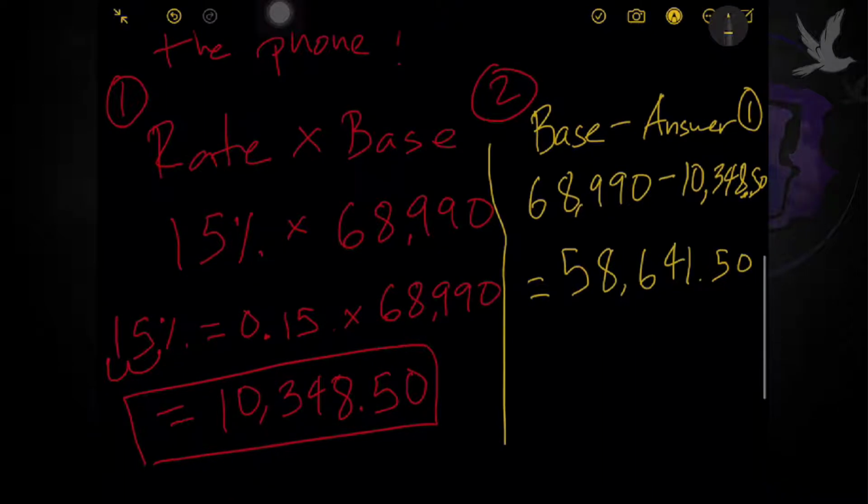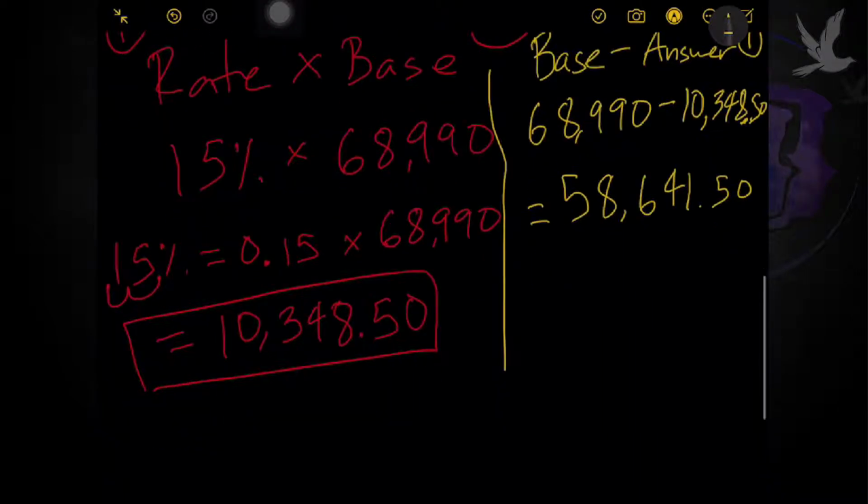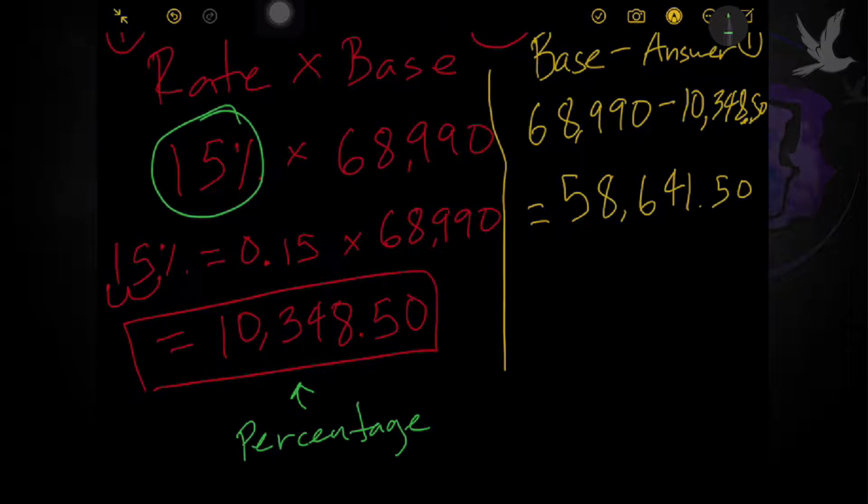Okay, so what you did in number 1, itong number 1 kanina, this is now actually your percentage. What you did earlier is that you were able to get the percentage now. Okay? Yan ang percentage natin. We have the rate, we have the base, you have the percentage.